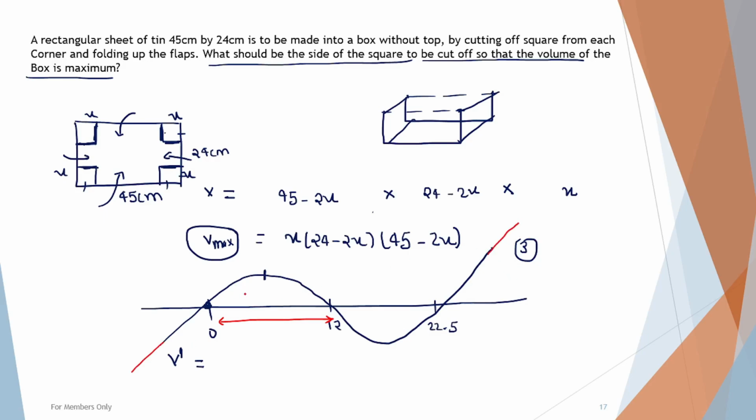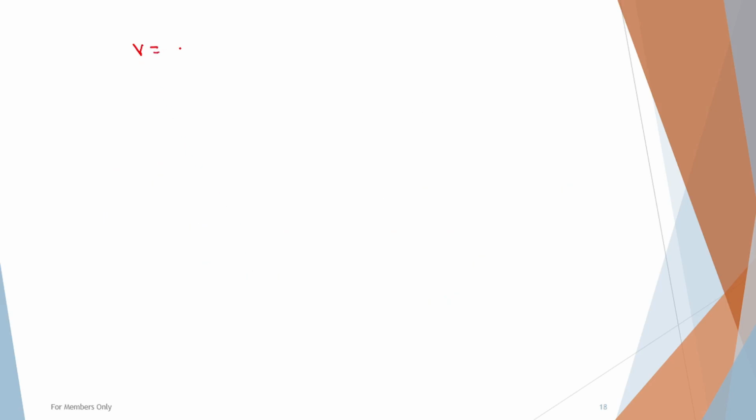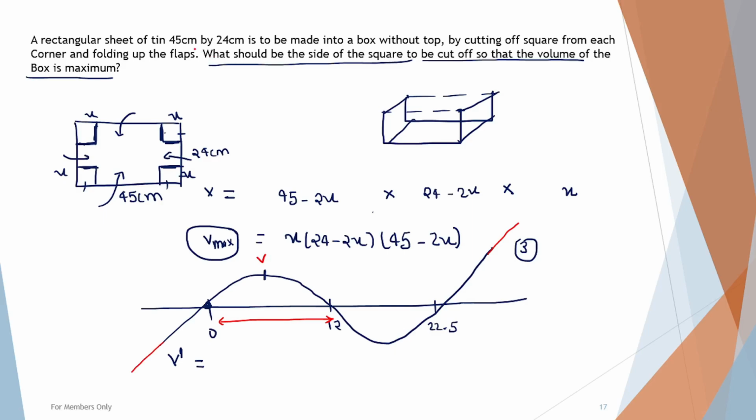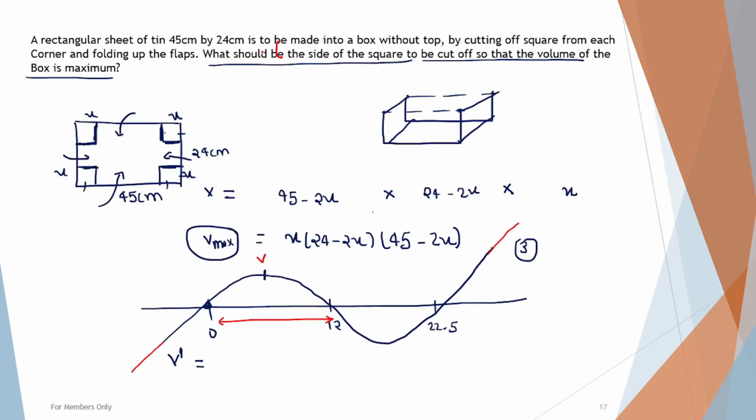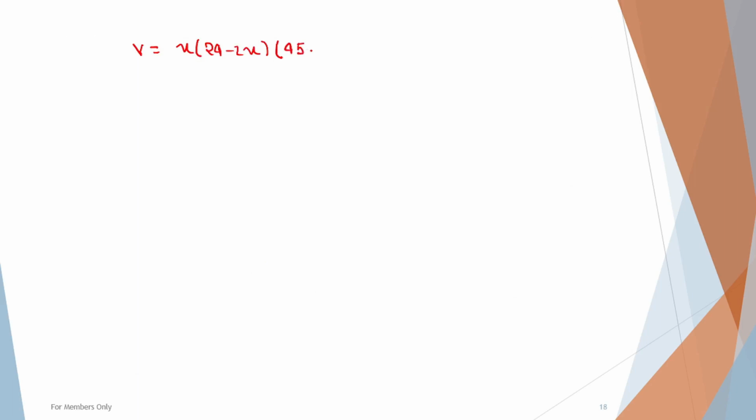Now we will find the derivative of the volume. So volume is equal to x times 24 minus 2x into 45 minus 2x. So it will be equal to 2x times 12 minus x, 45 minus 2x, which is equal to 2 times 12x minus x square and 45 minus 2x.